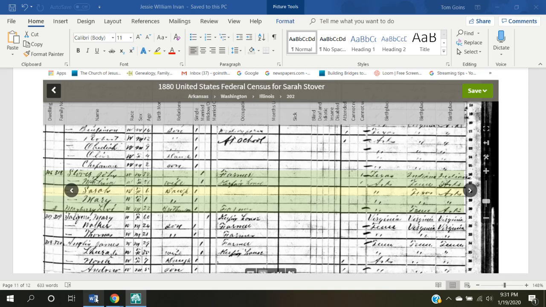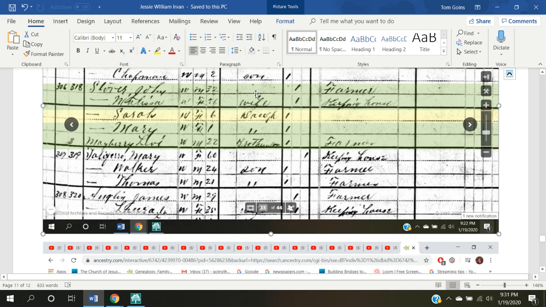Okay, let's go to the actual census. I can't really see that very well, so I'm going to go up to the bigger image. That looks like 26, so she's about 6 years younger than John. If that's correct, we'll subtract 26 from 1880, and that gives us 54. So she would have been born in 1854, and that makes sense because 48 and 6 is 54.